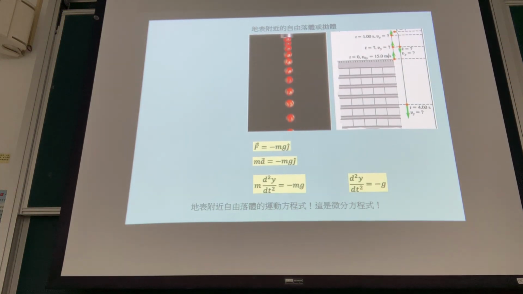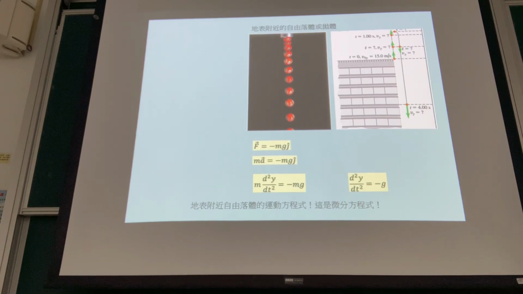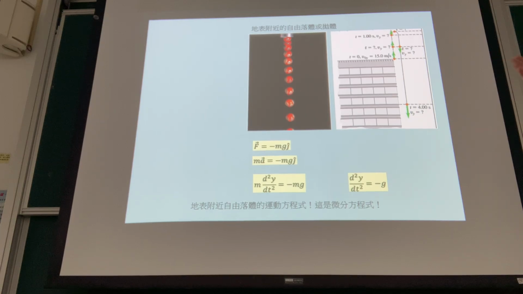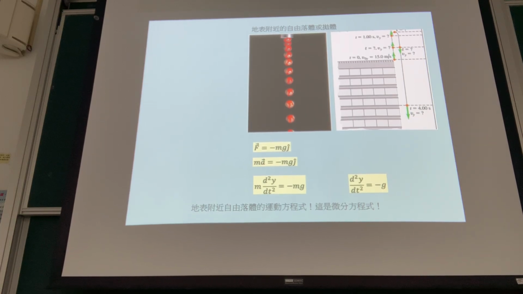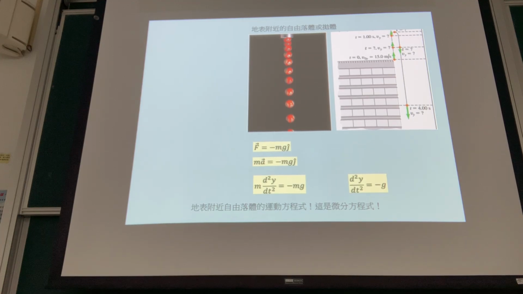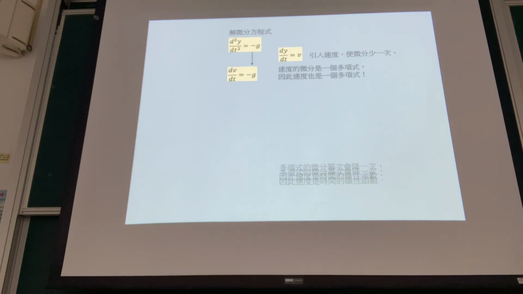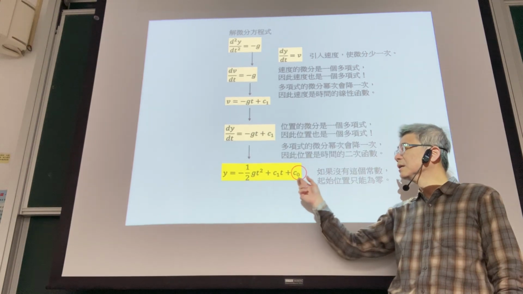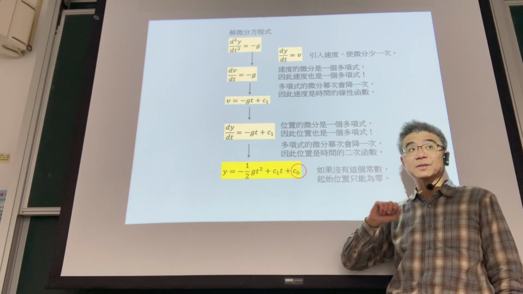Okay, and as I say, it's normal for the equation to have infinite number of solutions. Here I write down the free-falling objects' equation of motion. It's so simple. You can see that at the end of the day, I also have unspecified constants.